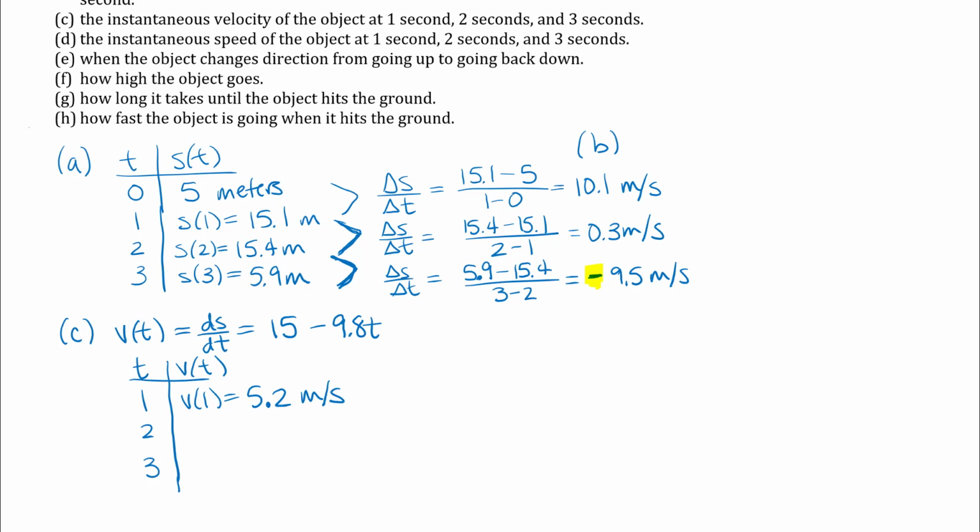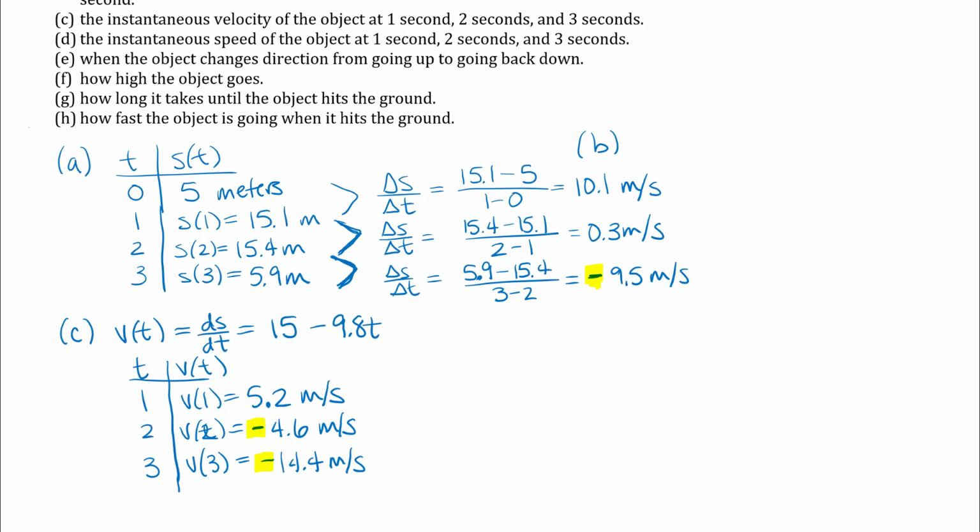And then t equals 2 seconds, when I plug in t equals 2 to my v function, I will get a negative rate of change, negative 4.6 meters per second. And then one more here, when I plug in t equals 3, I'll get v of 3 equals negative 14.4 meters per second.